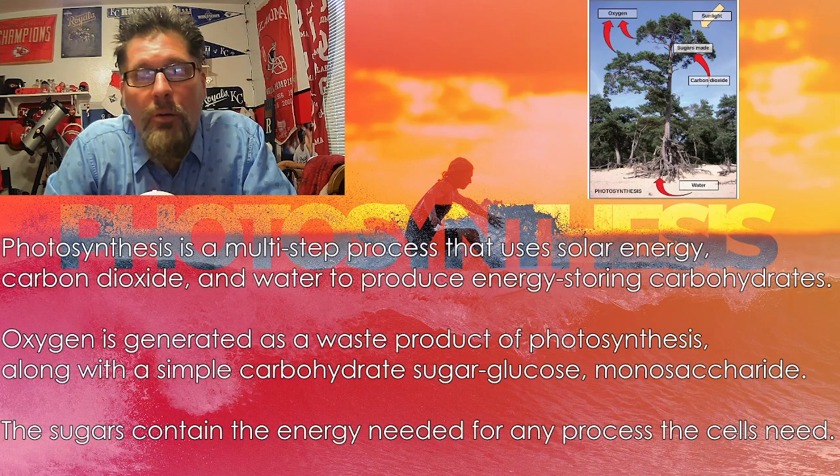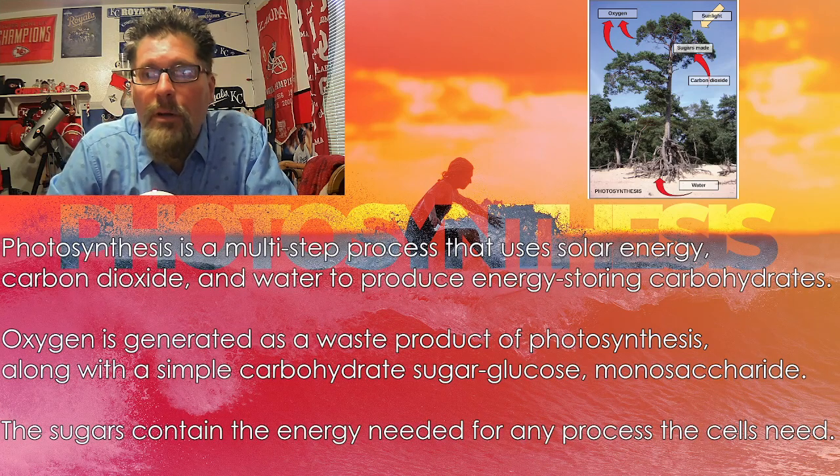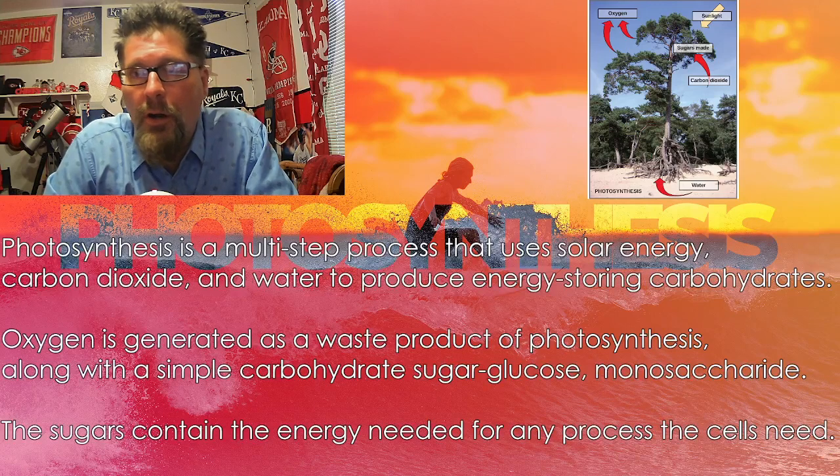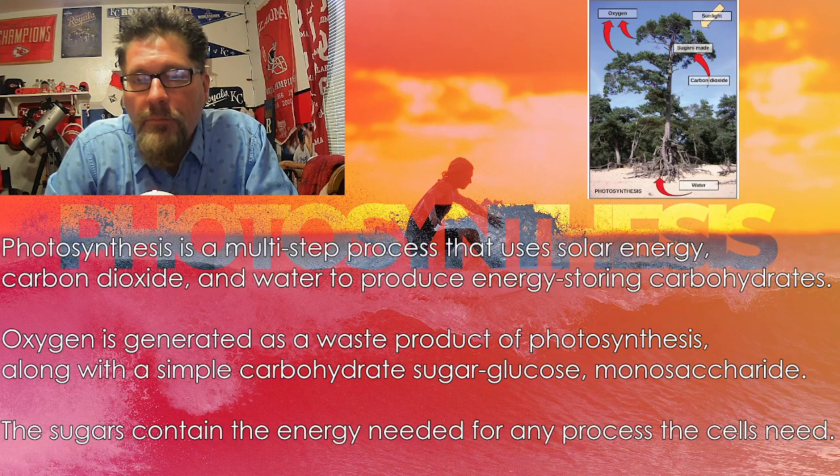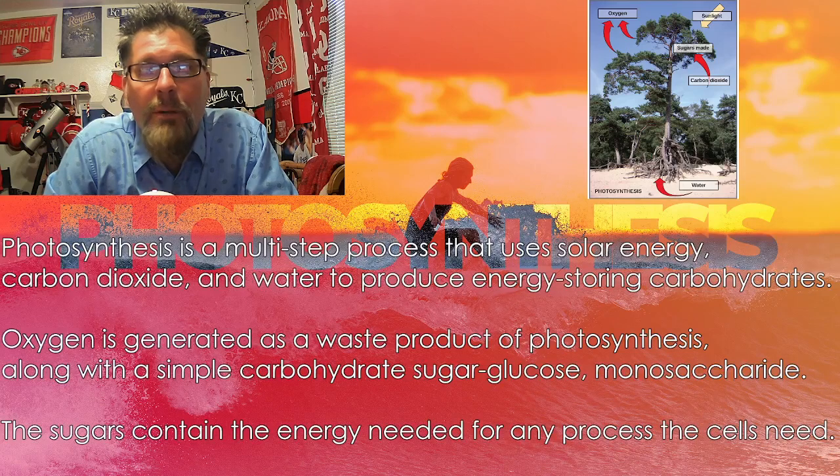We're going to look at all those things in a variety of ways to help make it easier on us. But just looking at this way, the carbon dioxide and the water are used to make those sugars, taking those two simple molecules that are out there in abundance, water and carbon dioxide.